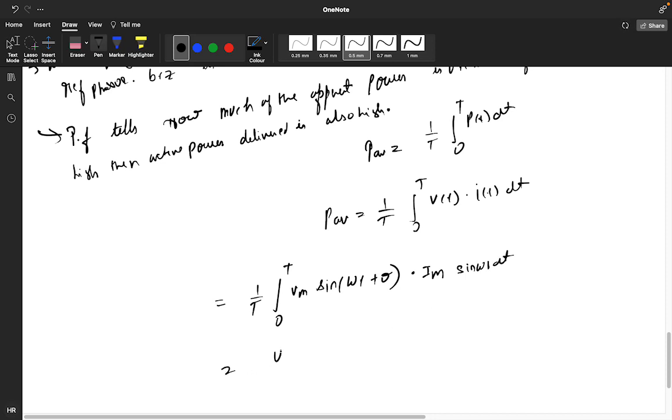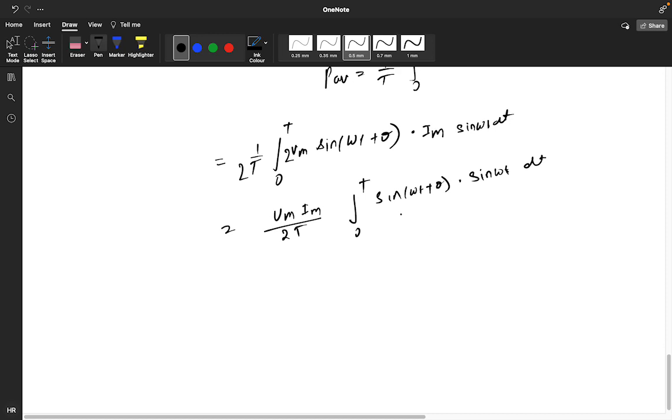If you solve this, you will get Vm Im by 2T, 0 to T, of sine omega t plus theta into sine omega t into dt. We multiplied by 2 here, so that's why 2 came.